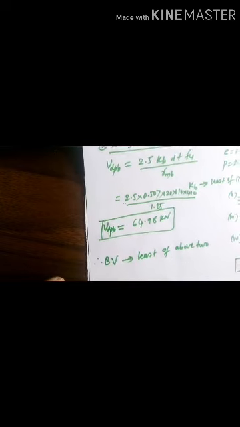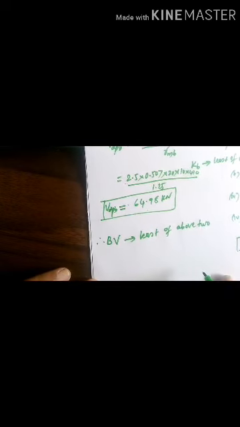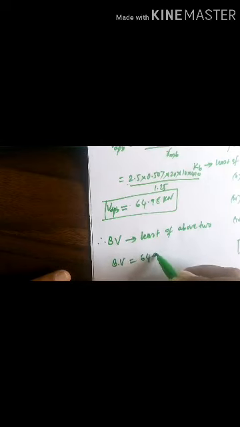Then the bolt value will be the least of the above two. So the bolt value becomes 64.98 kilonewton.